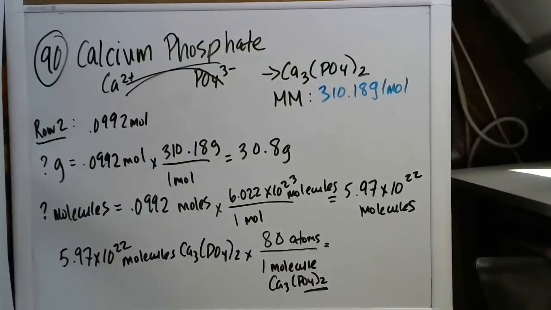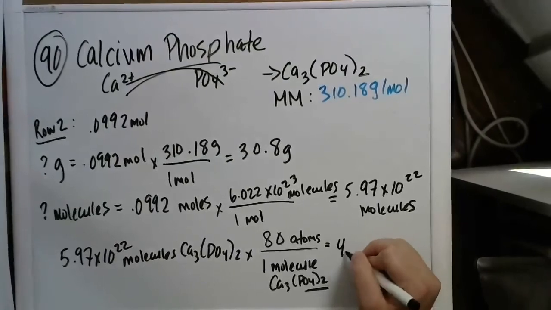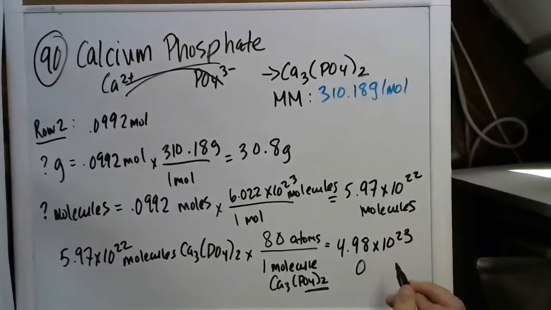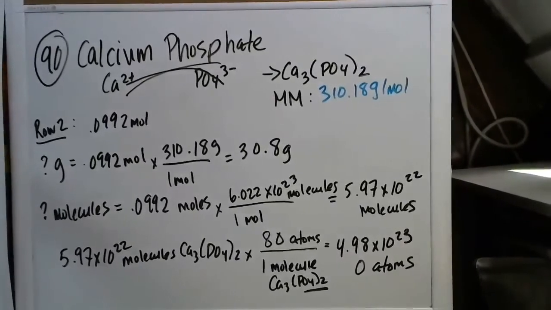Okay, that means that in 5.97 times 10 to the 22 molecules of calcium phosphate, I have 4.98 times 10 to the 23 oxygen atoms.